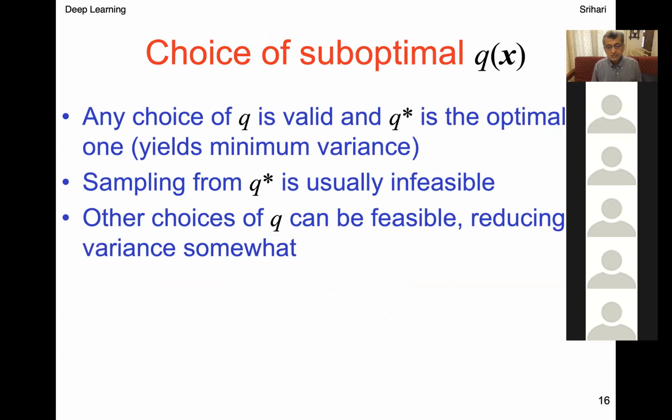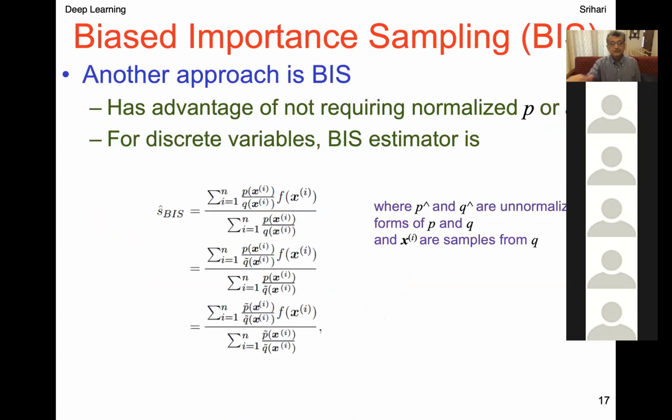Sampling from Q star is usually infeasible. Other choices of Q can be feasible and reducing variance somewhat. So we can look for reducing variance. Obtaining the best possibility may be an issue. So there are a variety of methods here called biased importance sampling.